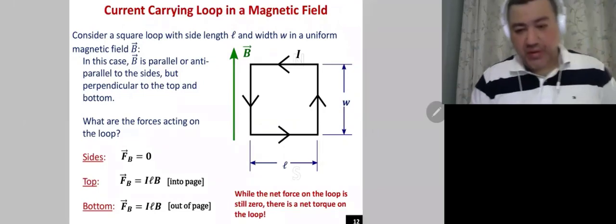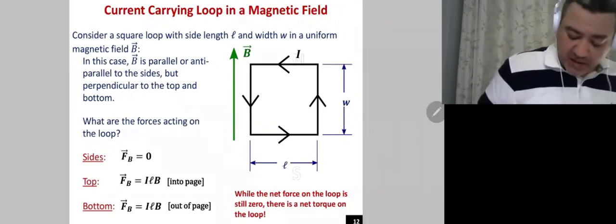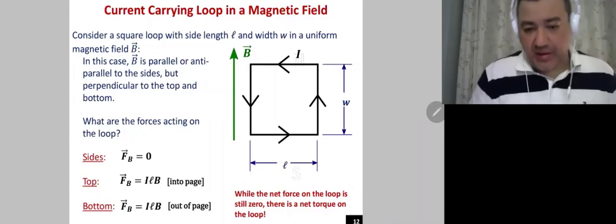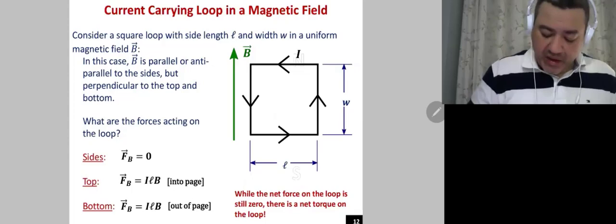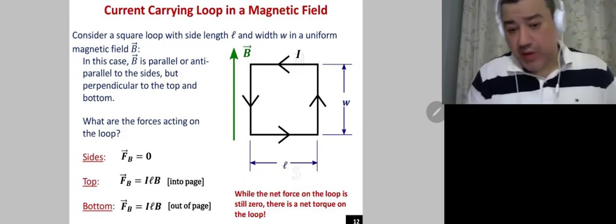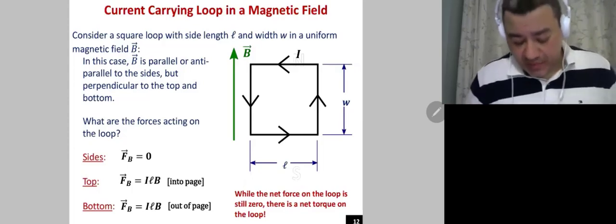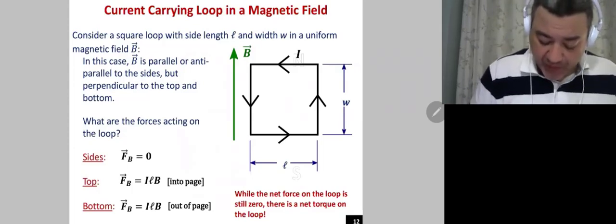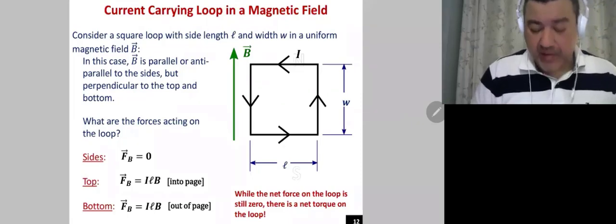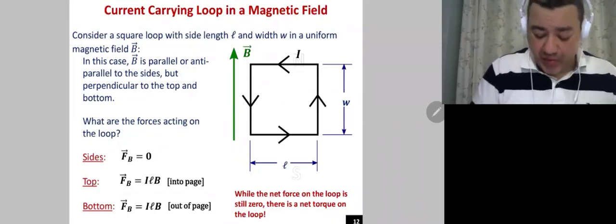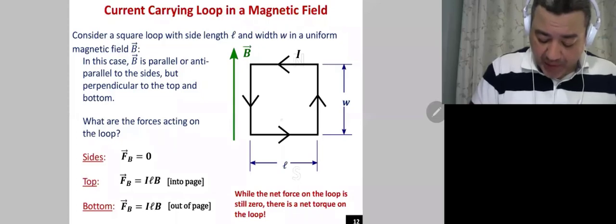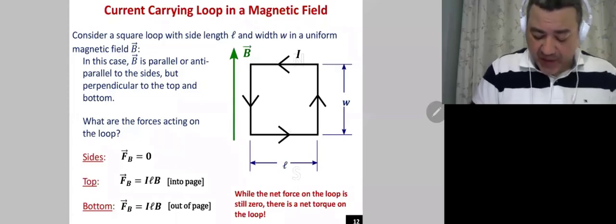So the net force in this case, if you look at those two forces that are in opposite directions, however, they are equal, the net force on that loop would be 0. However, although it is 0, they are applied one of them at the top side and the other at the bottom side.